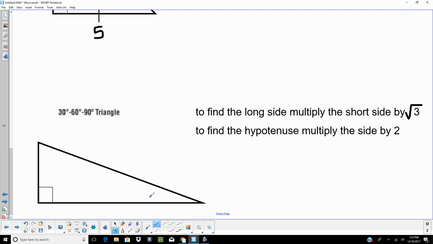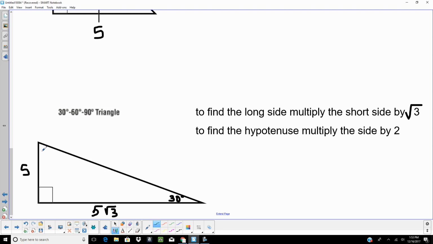On a 30, 60, 90, there's my 30 degrees. Let's call the short side 5 and work from there. To find the long side, multiply the short side by radical 3. So my long side is going to be 5 radical 3. Remember, that's going to be the side opposite of my 60 degree angle.